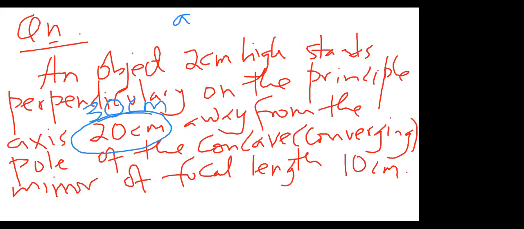For part A, just replace that. Then for part B, you also replace this. Put there a convex mirror for number 2. For the exercise number 1, just replace this 20 by 30 centimeters.